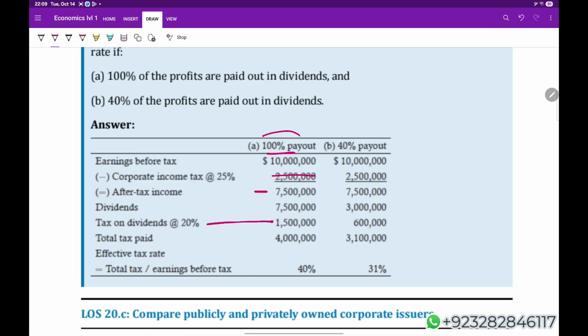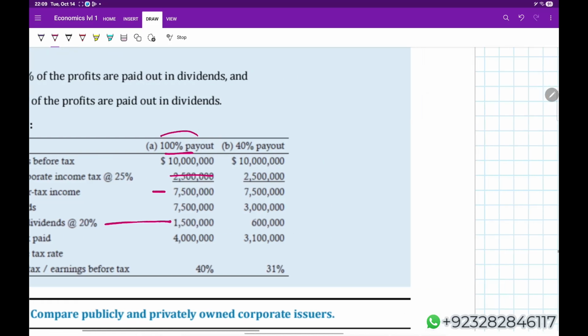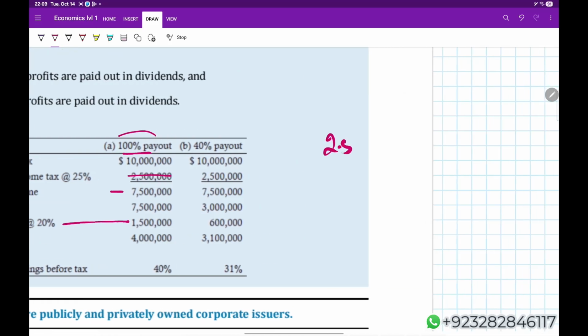Technically, from this business perspective, the tax paid is $2.5 million at company level, plus $1.5 million paid by shareholders in their individual capacity. So in total we have paid $4 million against a $10 million profit, which is effectively 40% tax from this business perspective, right? So this is the concept of double taxation.